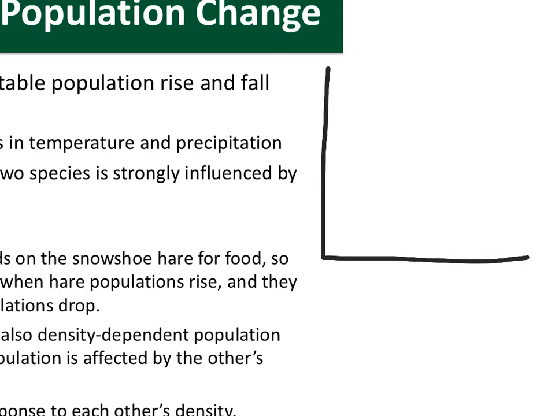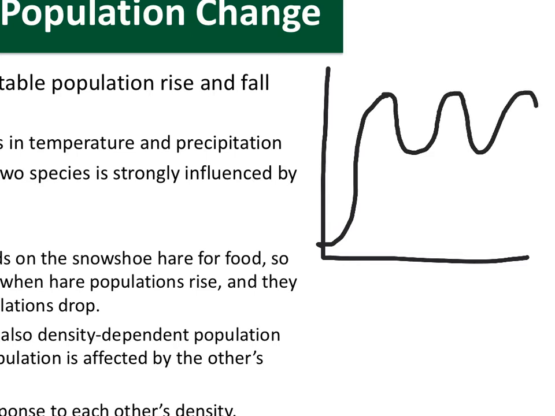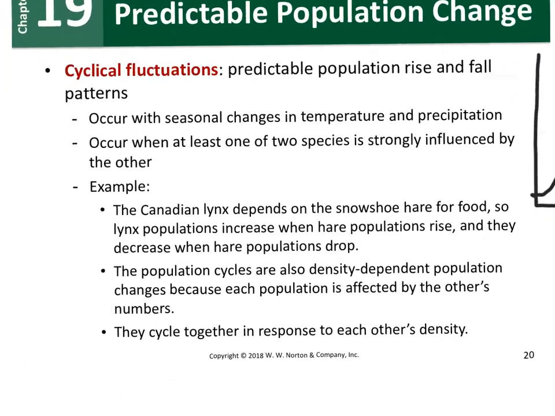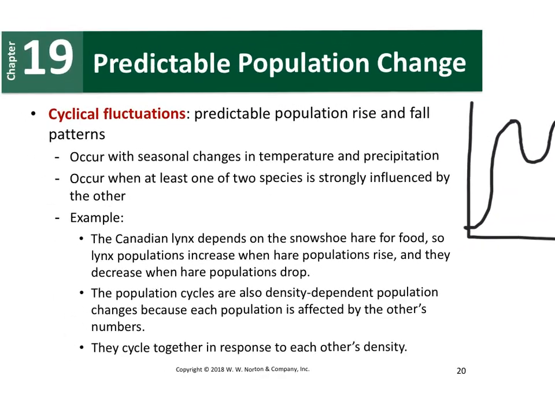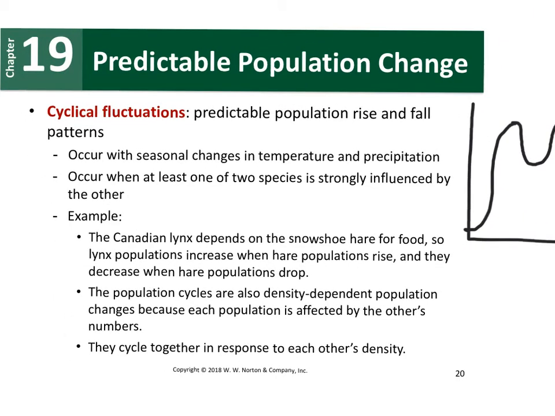So, let's say every year we go up in the summertime, down in the winter, up in the summertime, down in the winter, like that. Or, in this case, there's something else that's keeping the population cycling, and that's the lynx.